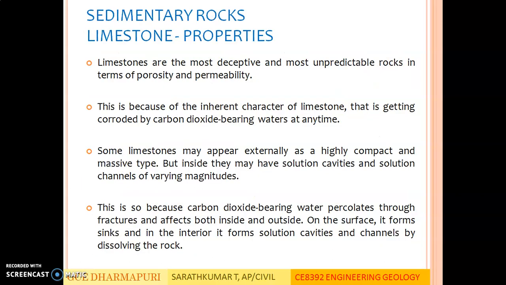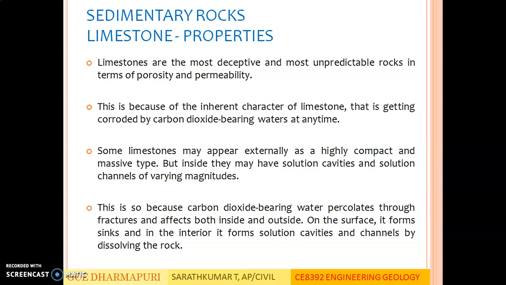Properties of limestone. Limestones are the most deceptive and most unpredictable rocks in terms of porosity and permeability. This is because of the inherent character of limestone, that is, getting corroded by carbon dioxide bearing waters at any time. Since limestone reacts easily with acid, if carbon dioxide bearing water comes, it reacts and gets dissolved.